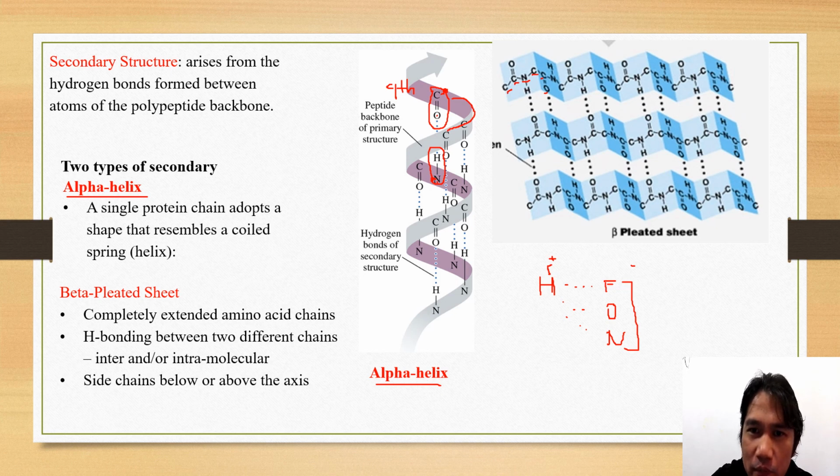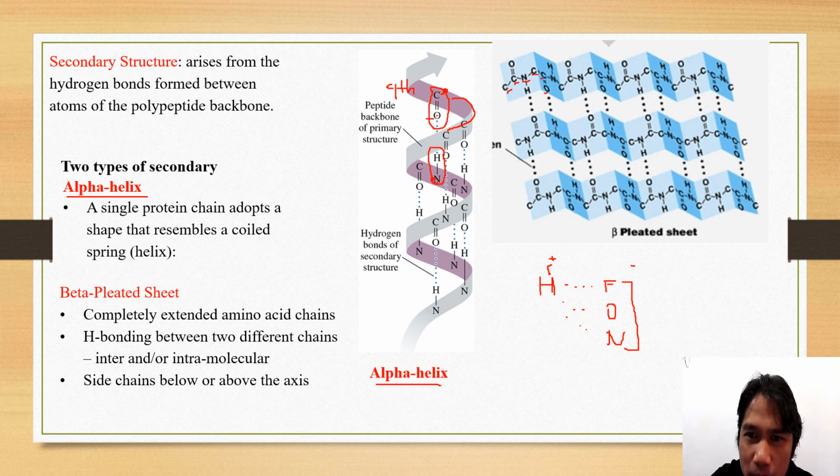The hydrogen bond happens between the carbonyl group of the first and the amino group of the fourth; in between there must be two amino acids.